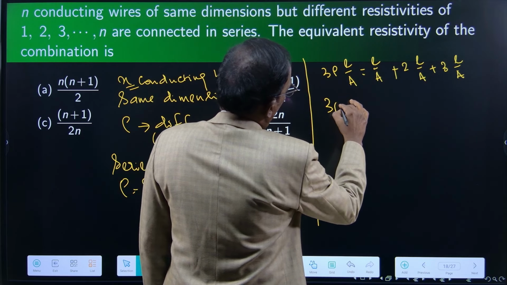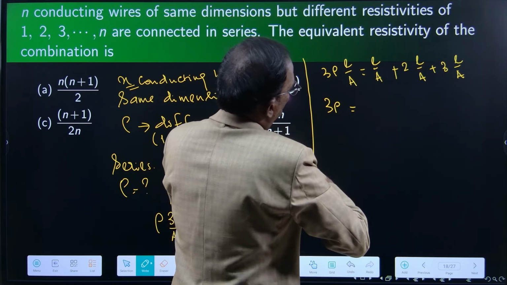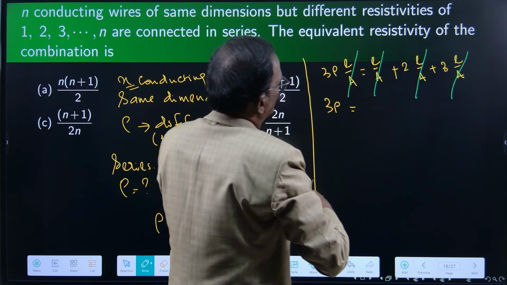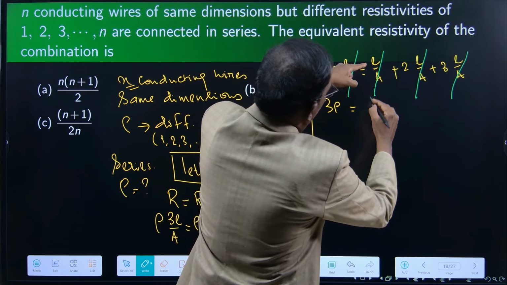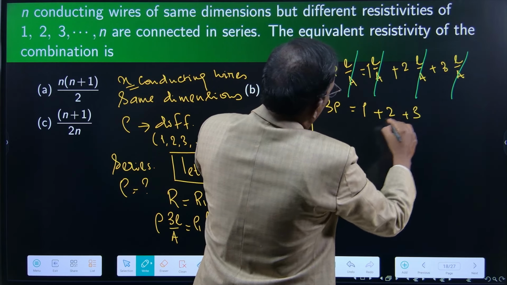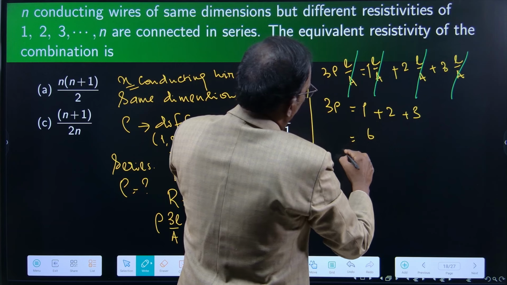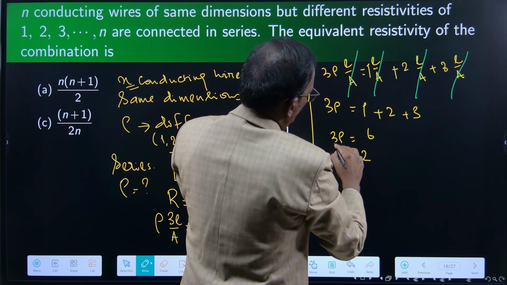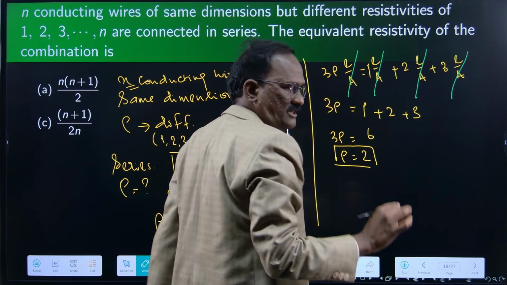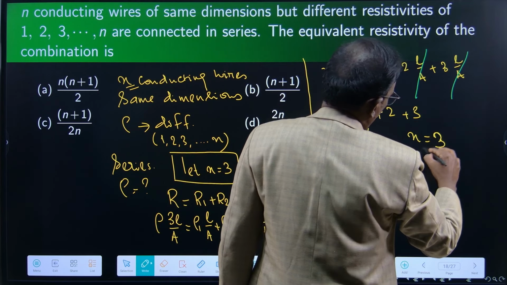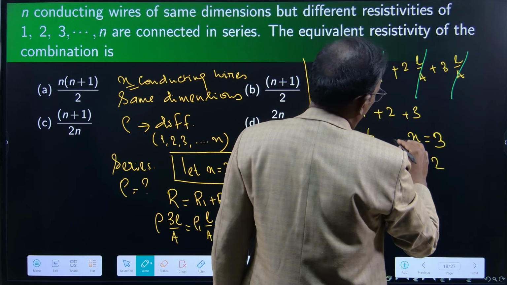So 3 rho is equal to 1 plus 2 plus 3. So this is 6, 3 rho, so rho is equal to 6 by 3, 2. So this is one set: if N is equal to 3, rho is equal to 2.